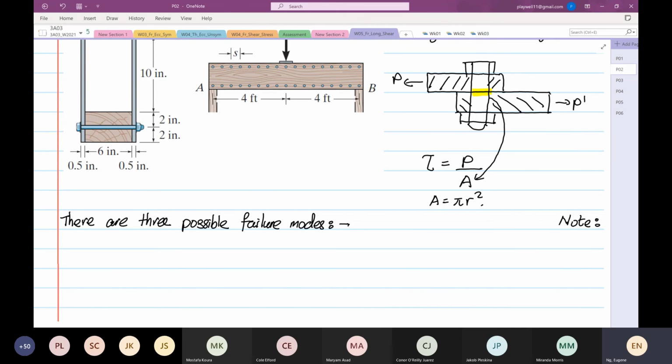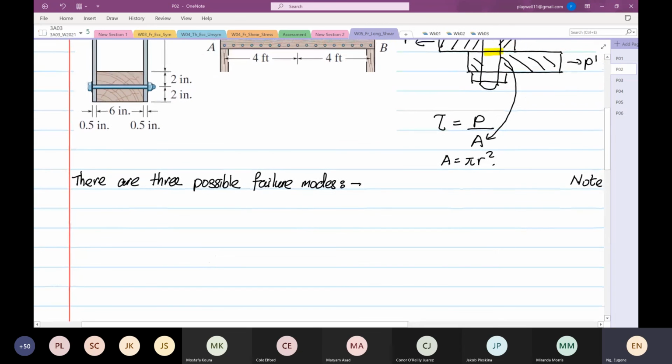Okay, real one. So anyone, what's the mode one of failure, please? Anyone? I'll give you the first start. Okay, so it's the shear failure of the fastener, right?